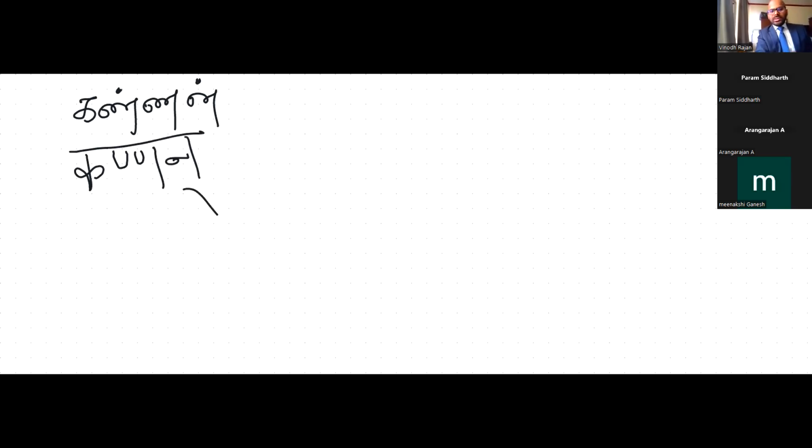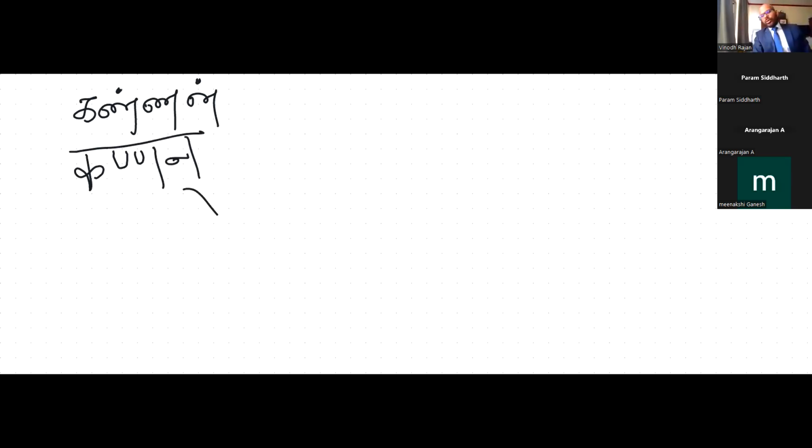Again, in Tamil, we don't have the concept of Samyuktaksharas. For instance, the word Kannan is just written with dots. But in Devanagari, people know that it is written with complex forms.